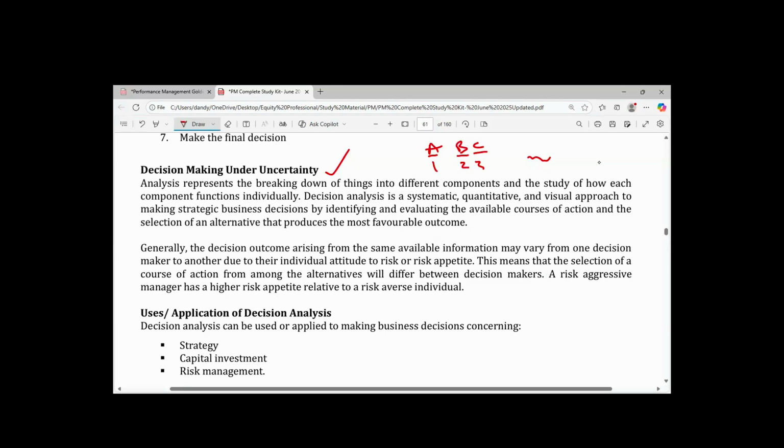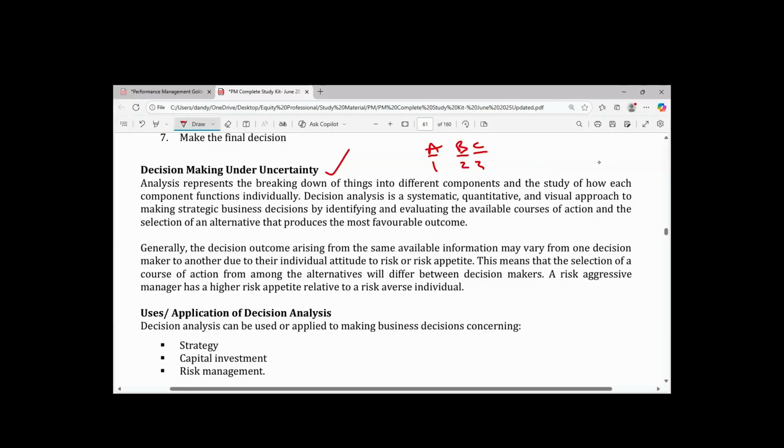Then as a risk neutral decision maker or investor, I'm going to select an alternative irrespective of the outcome. As a risk neutral, I don't care whether the outcome is good or bad. Whichever one comes my way, I will accept it. Whether good or bad, I'm willing and ready to accept it.